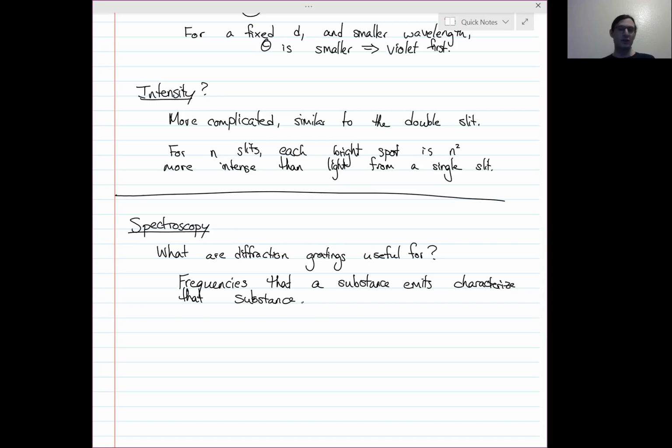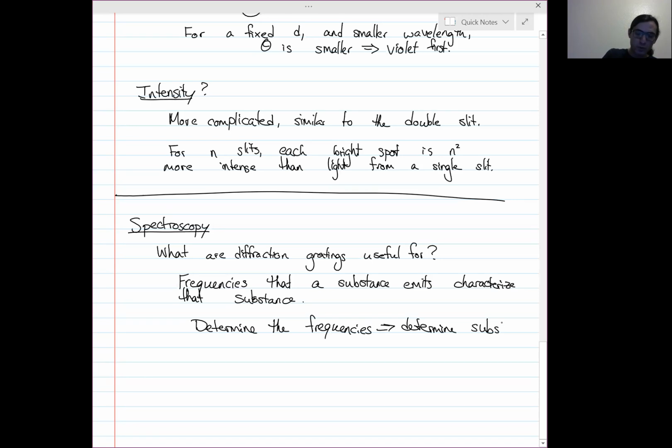I.e., you have some unknown material. Well, figure out what frequencies it emits, go look at your table, and you find, oh, it's made out of titanium dioxide or something. There's a one-to-one relationship there. So if we can determine the frequencies, then we can determine the substance, which is obviously very useful.